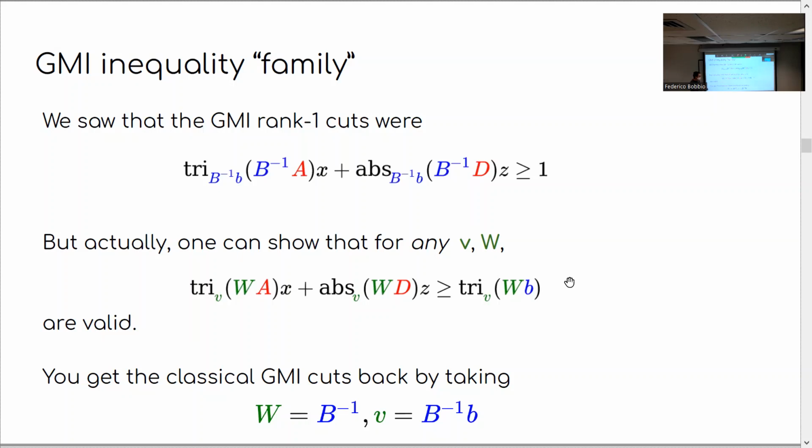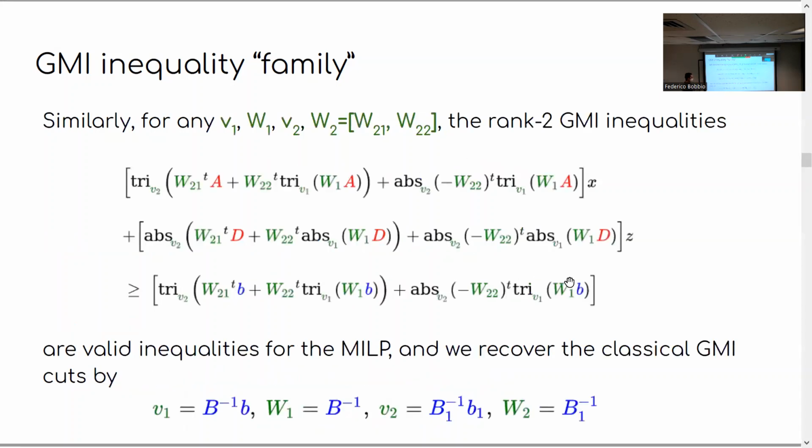So it's already the first point that I'm talking about. You can see these GMI cuts as being part of a larger family of valid inequalities. They're not necessarily cuts. There are a lot of choices of v and w that are useless, but nonetheless, they're all valid. You don't lose anything by adding them into the problem. And in the same way, if I took my really ugly expression for the second rank GMI cuts, I can do the same thing.